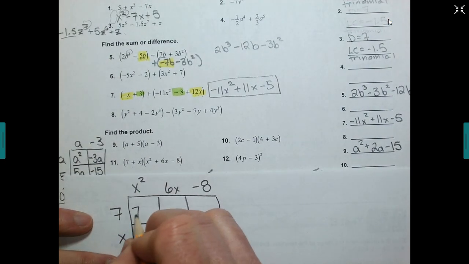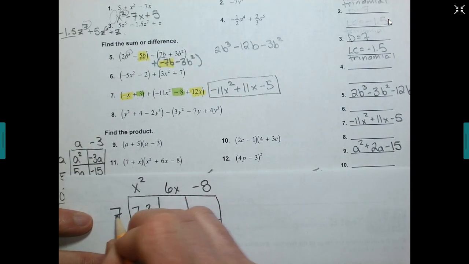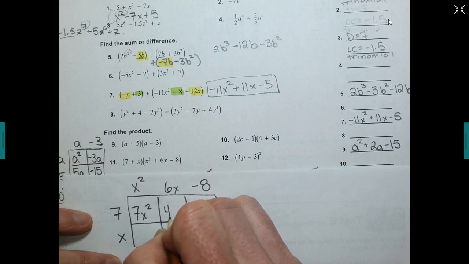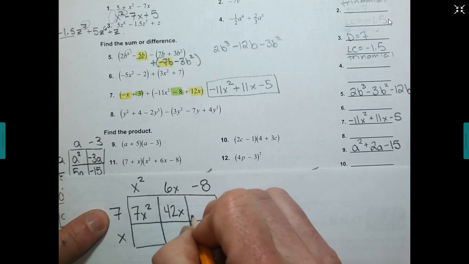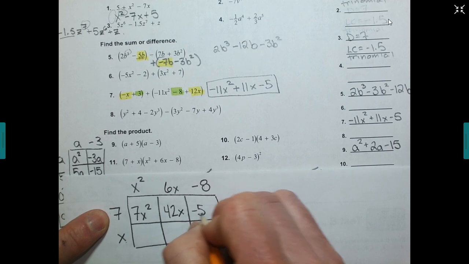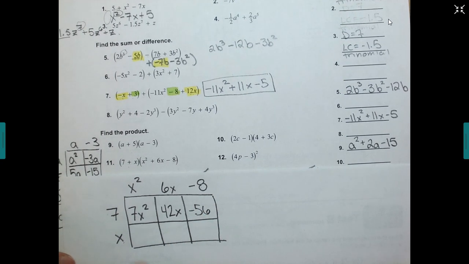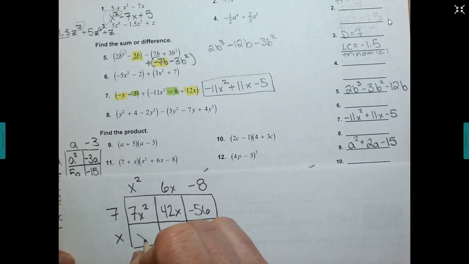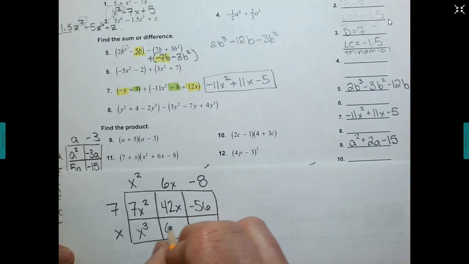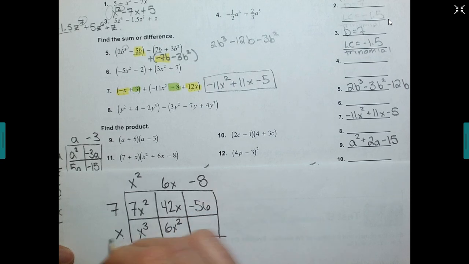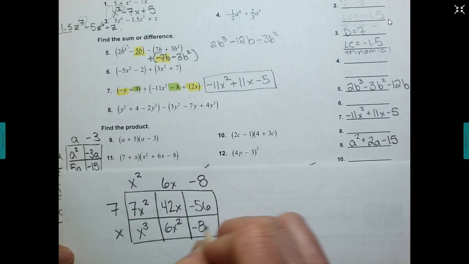So this is 7x squared, 42x, negative 56. So that's x to the third power, 6x squared, negative 8x.